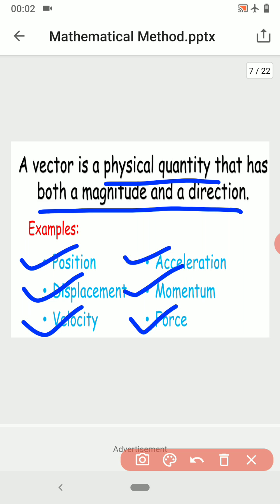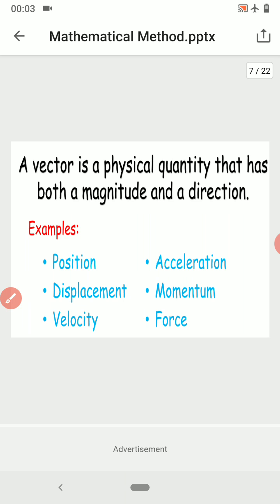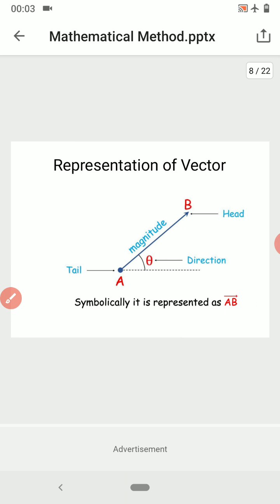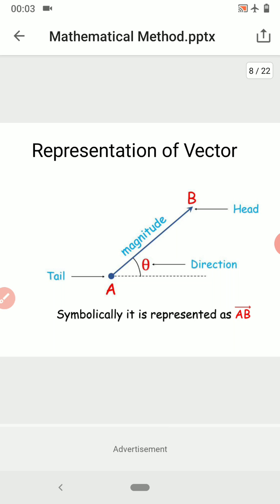Now, how can one represent the vector? This diagram gives you the representation of the vector. A vector can be represented by a directed line segment or by an arrow.